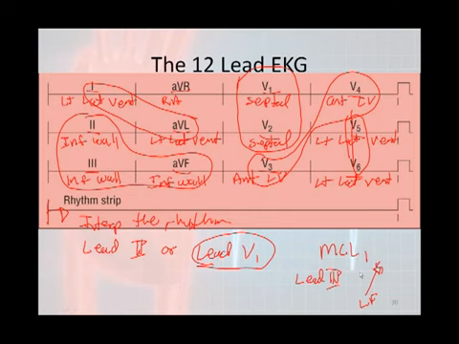So V1 would be the positive, the left arm would still be considered negative, and it would get us as close to V1 as it could. So rhythm strips are usually, for that reason, lead 2 or lead V1.